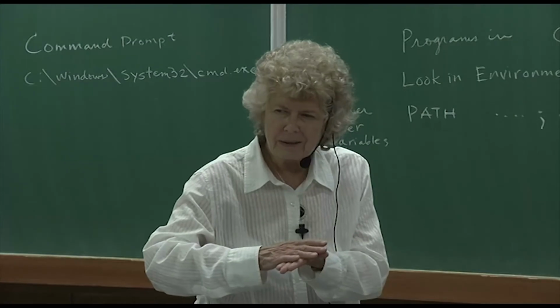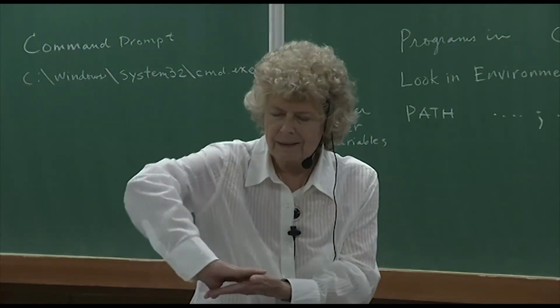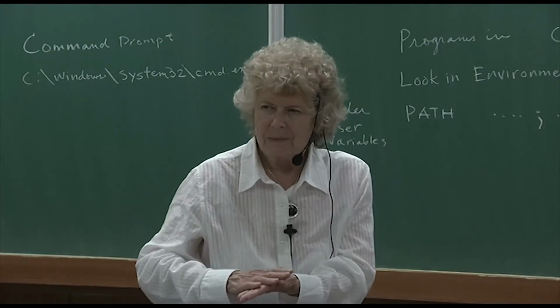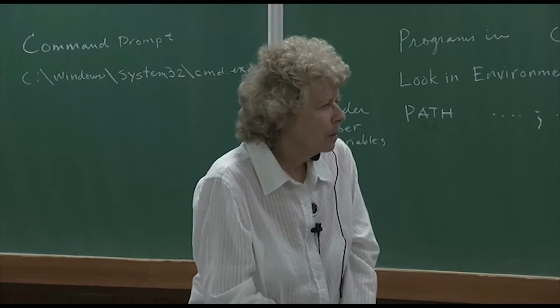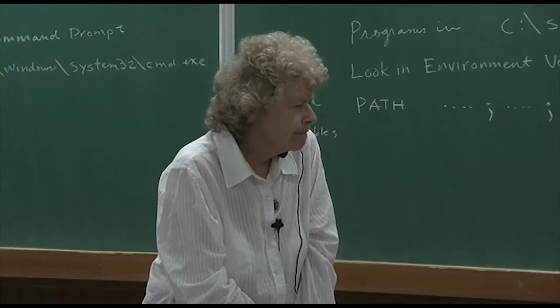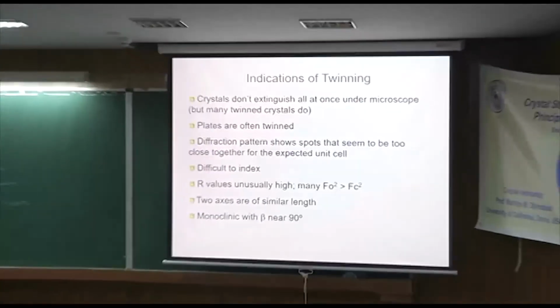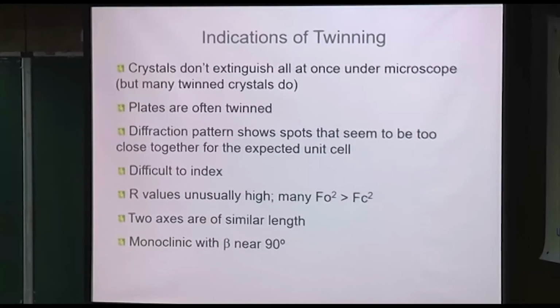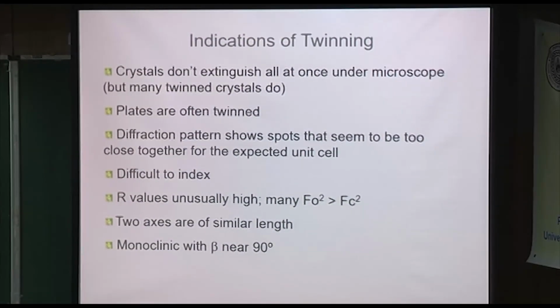But if two axes are the same length, they can start settling this way and this way, right? Because the length is pretty much the same. So sometimes that's a cause of twinning too. Monoclinic with beta near 90 degrees is a really common thing. If you have monoclinic with beta near 90 degrees, you should consider that it might be twinned.